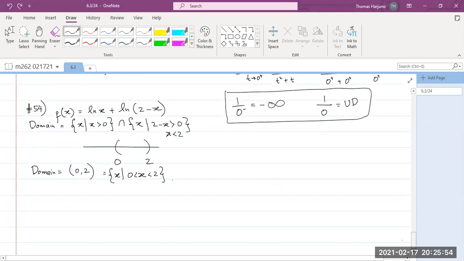Quick question, Thomas. For the domain, I have a decent understanding of how you got it, but I don't know if I would ever be able to write something like that. Would you have another way of finding the domain? Think of it this way: from precalculus, the domain of the sum of two functions, or the difference, or the product, equals the intersection of the domains.